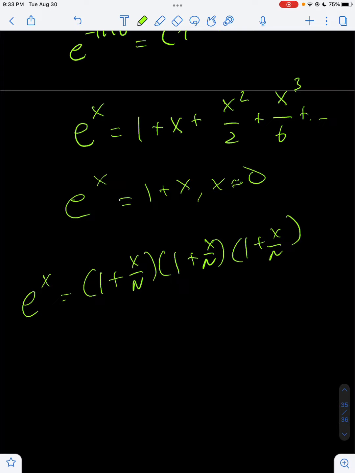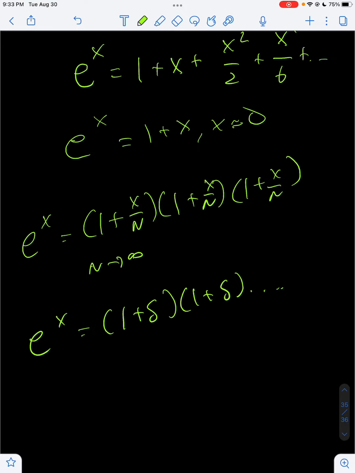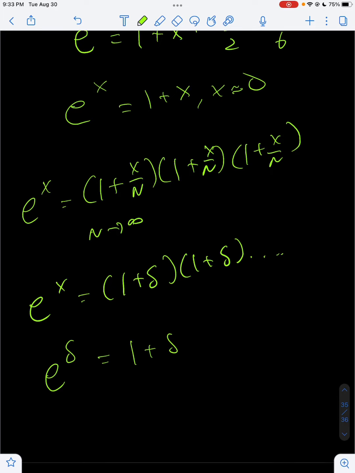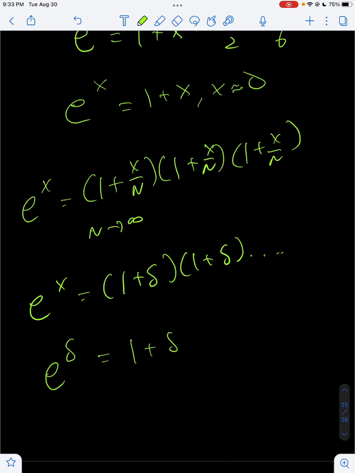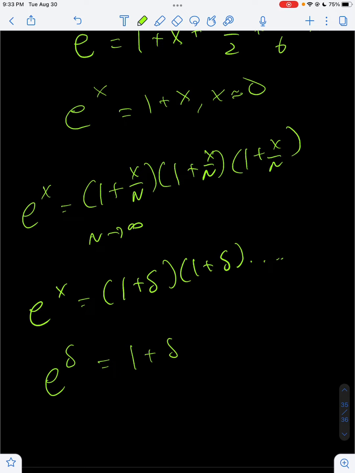Now, if you let n approach infinity, this is basically saying that e to the x is just 1 plus an infinitesimal. Let's call it delta. So 1 plus delta times 1 plus delta, and so on. So if you want to find e to the delta, that's just going to be 1 plus delta. And so we can just stop at 1 plus delta if you want to find e to the x where x is small.